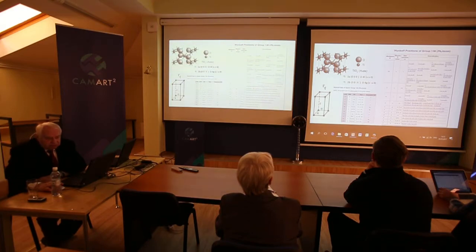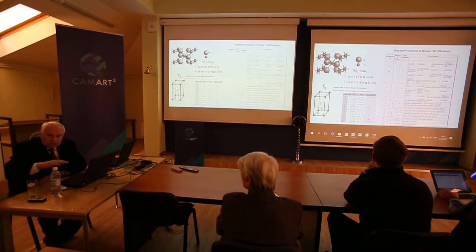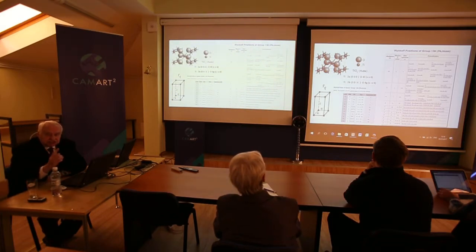And now I'll try to explain, and this is a so-called non-symmorphic space group, where you have screw axes and glide planes. What is a glide plane? When reflection in the plane is accompanied by some moving along a translation vector of the lattice. This is a glide plane. Screw axis, rotation with some translation along the axis.